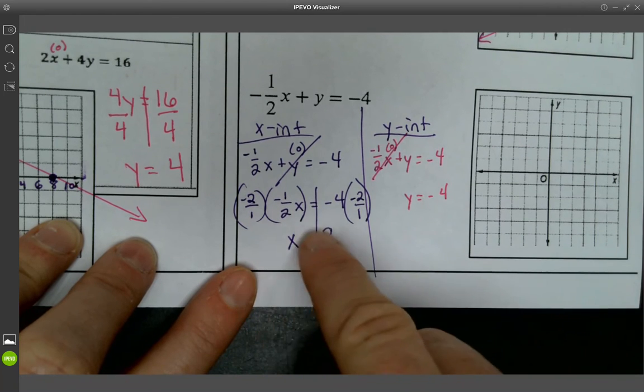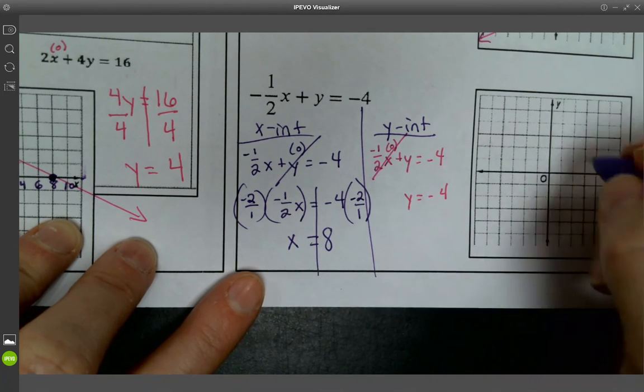Okay, so since 8 is big, I'm going to go ahead and say go by 2s.